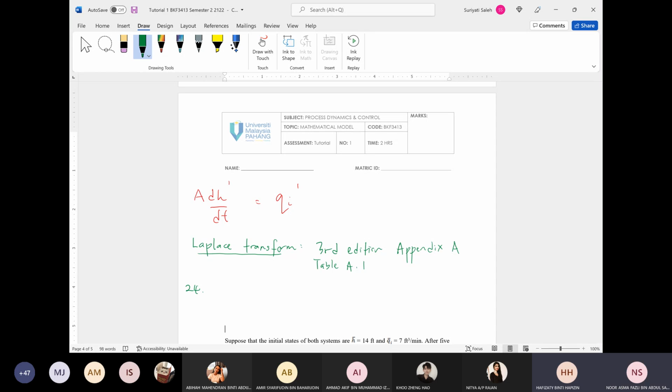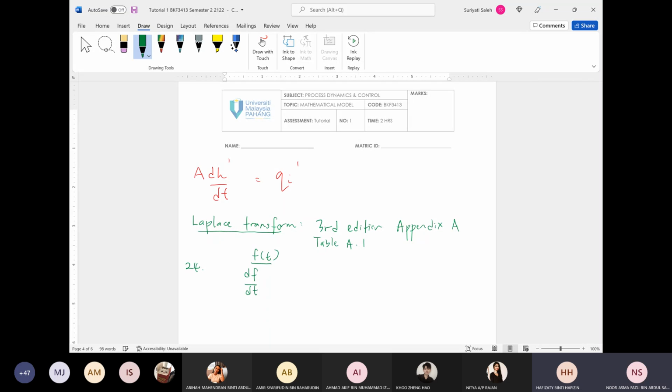This indicates that if you have the equation f(t), df over dt, then the Laplace transform F(s) will become sF(s) minus f(0). Okay, so this is the thing that we are going to do.